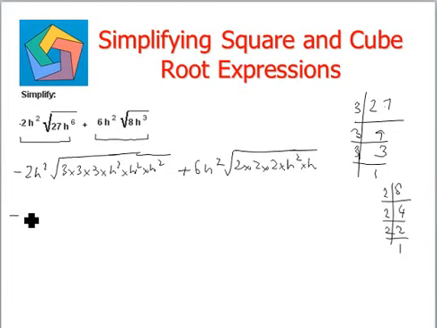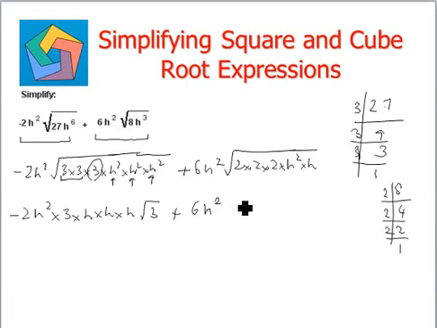This is negative 2h². Two 3's will combine to a single 3. h squared comes out as h. This h squared as another h, and this h squared as another h. Inside we're left with just square root of 3, plus 6h². Two 2's as a single 2, and this h squared as an h, and inside we have square root of 2h.